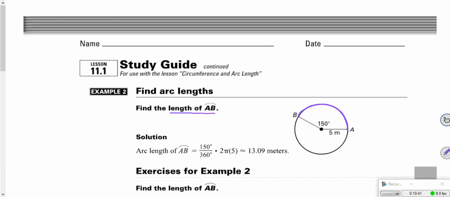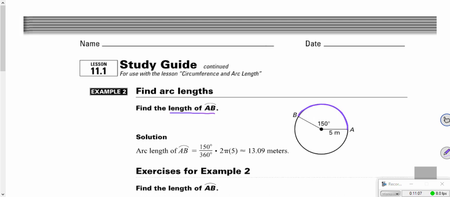So arc length of AB, we are taking the ratio of the measure of AB, that central angle, over 360. You can set it up as a proportion. They'll do that in the next step. So that fraction times the circumference.